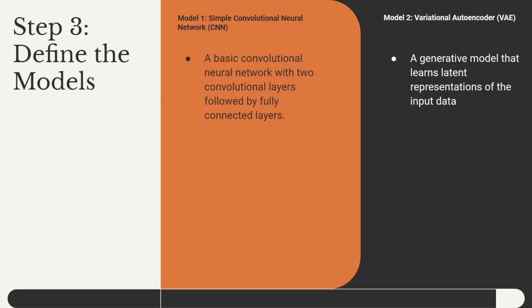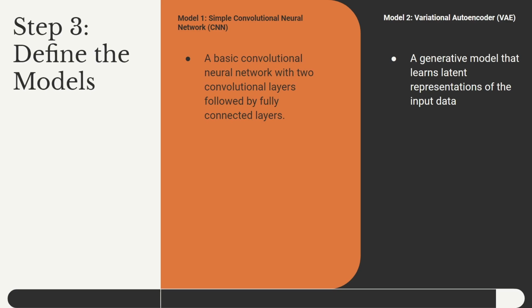We implemented two models. First being the convolutional neural network, which is a supervised model with two convolutional layers, followed by fully connected layers. This model classifies images into one of the 10 CIFAR-10 categories. The second model is the variational autoencoder, which is an unsupervised model with an encoder that compresses images into a latent space and a decoder that reconstructs the images.